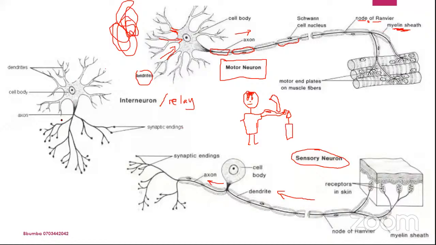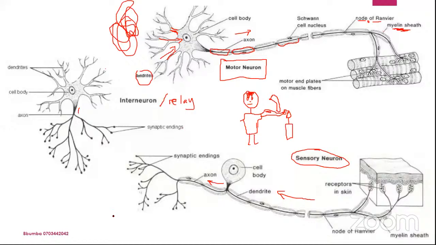The interneurons, the relay neurons. They're simple and short, made up of just majorly the cell body, dendrites, and axon. Remember, dendrites pick information to the cell body. Information goes via the axon to where it's supposed to go.